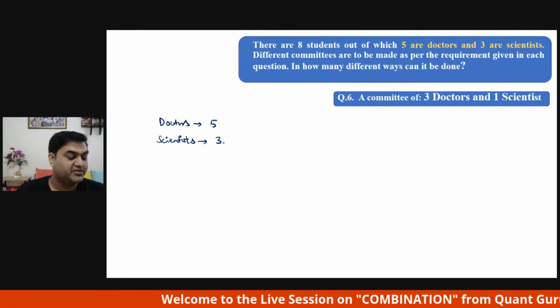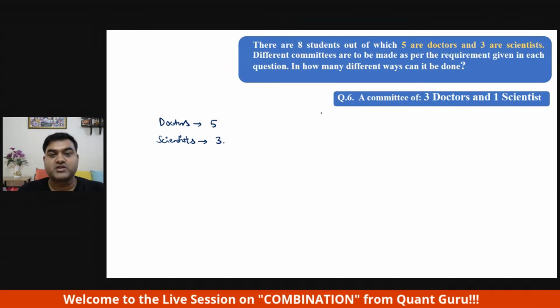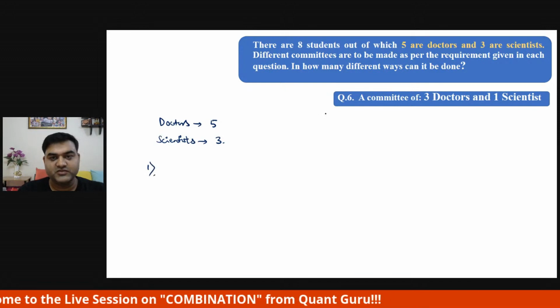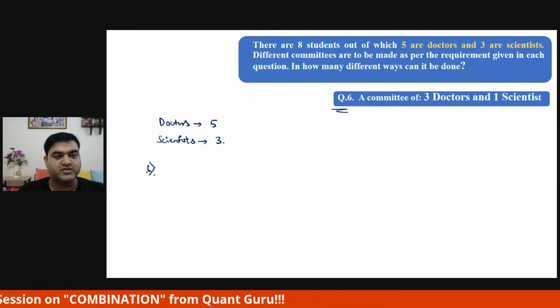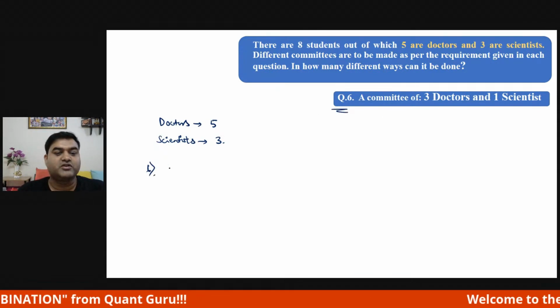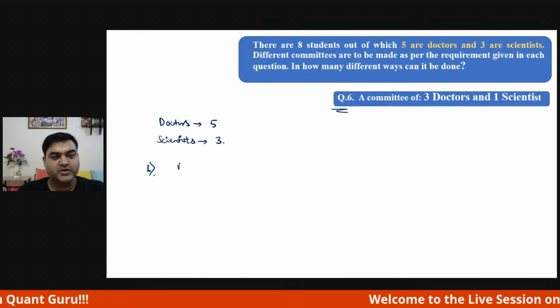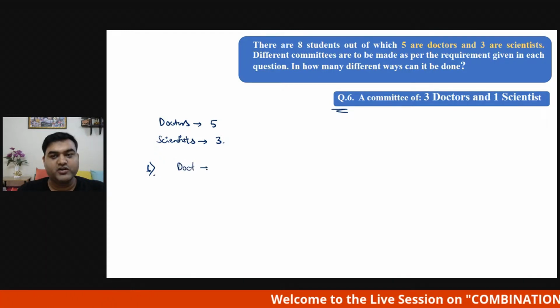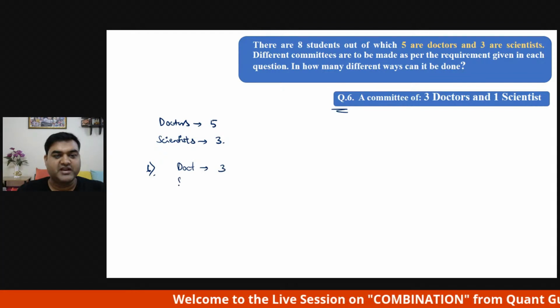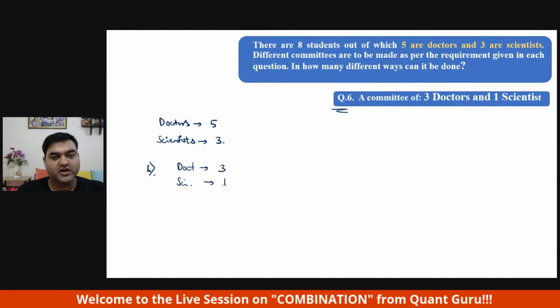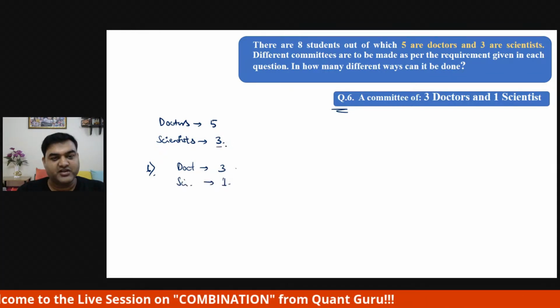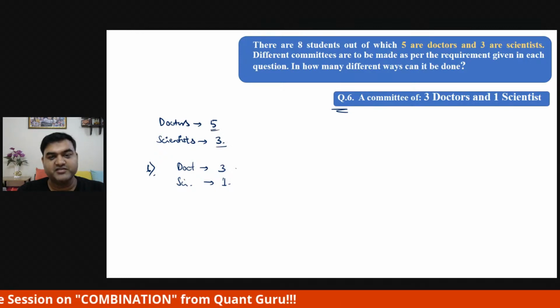There are 3 scientists and 5 doctors. Question number 1, or question number 6, whatever you say: a committee of 3 doctors. How many doctors do we want? We want 3 doctors. And how many scientists do we want? We want 1. So 1 out of 3 and 3 out of 5, isn't it?